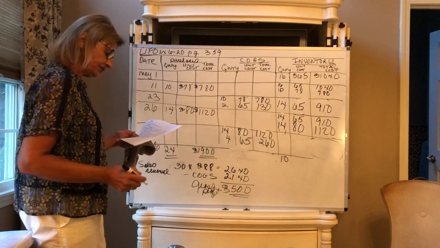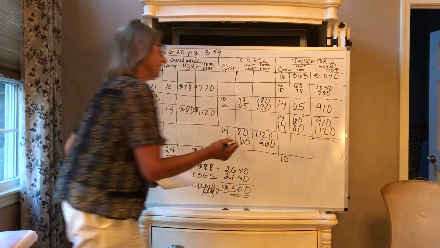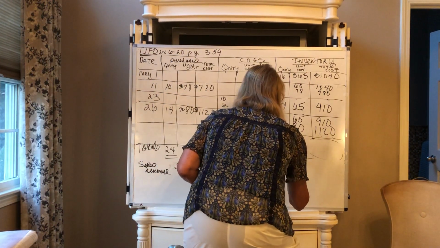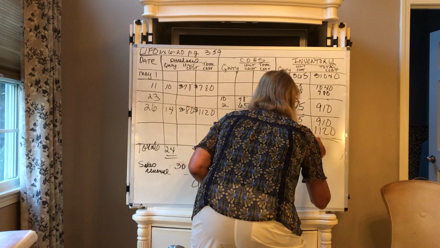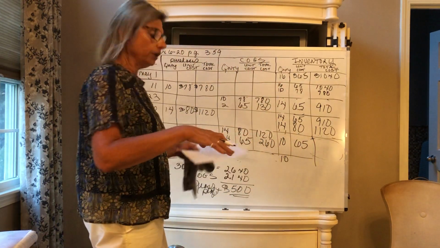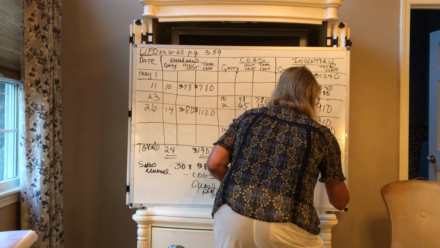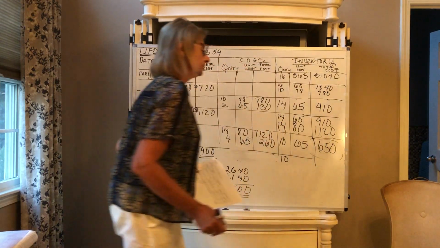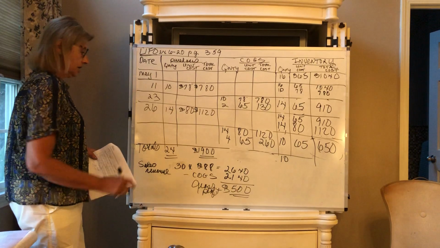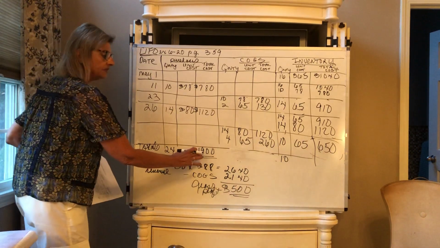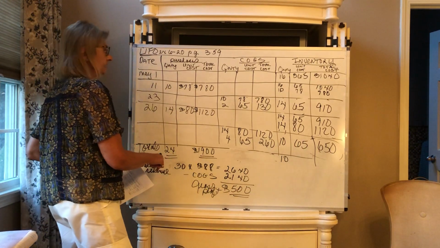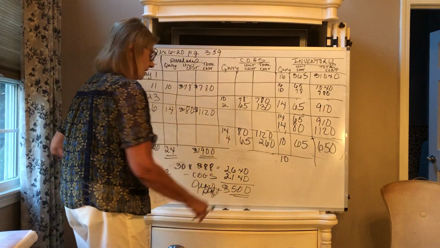What do we have left? 10 units at 65. Again, our inventory is older, cheaper merchandise. It's going to be lower. 650. Remember, it was 800 when we used FIFO. Okay. So I'm going to put the totals. These two are the same. The quantity we bought and the price.